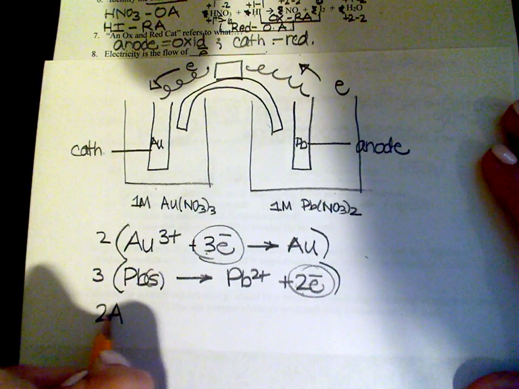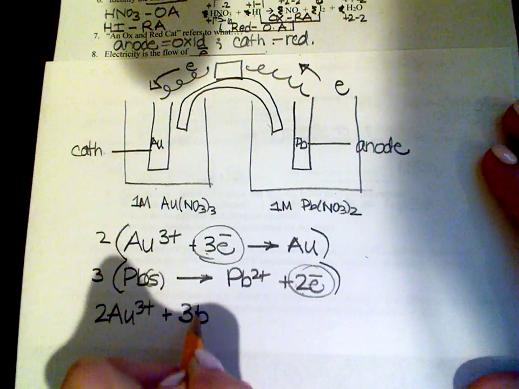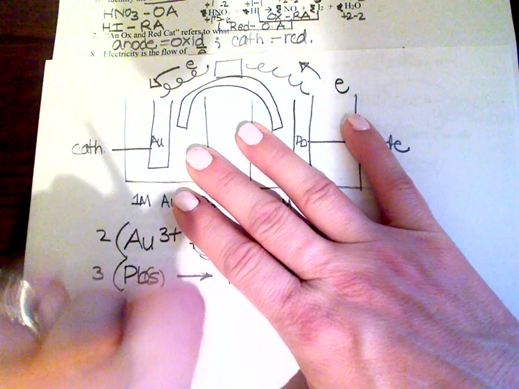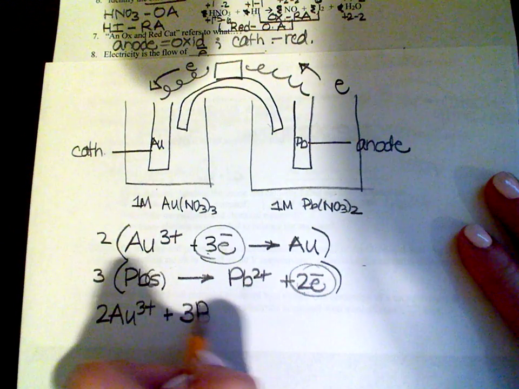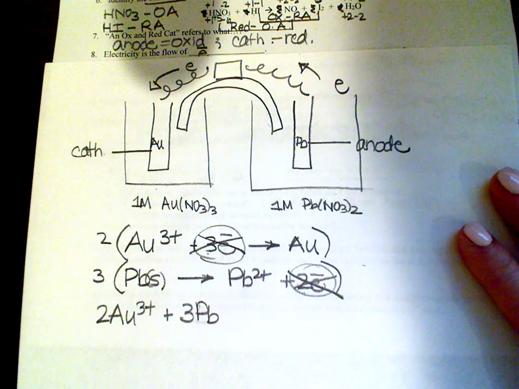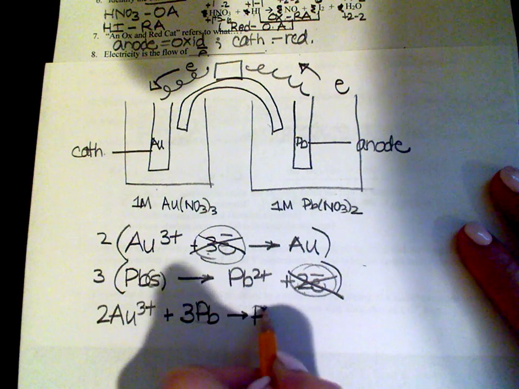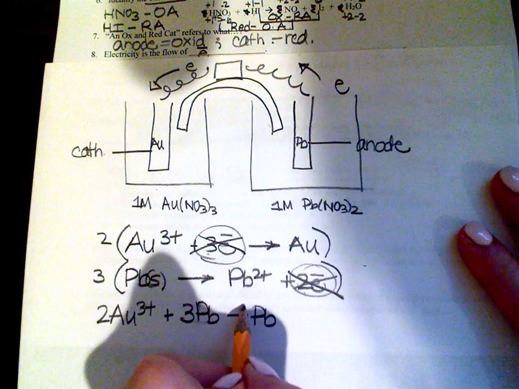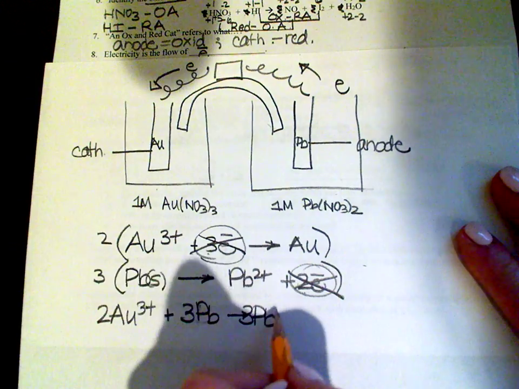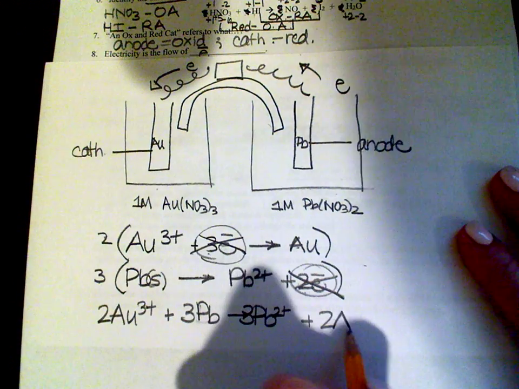So 2 Au3+ plus 3 Pb. If I have 6 electrons here and 6 electrons here, they're out, so I'm going to leave those out. It's going to make 3 Pb2+ and 2 Au.